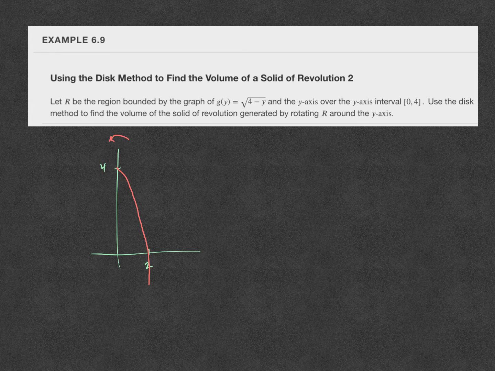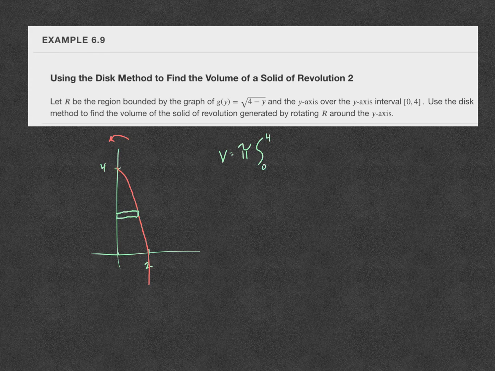So we need to integrate with respect to y. Our rectangles get added up vertically up the y-axis. So our volume formula looks like this. Pi times the integral. Now, what are the bounds? That rectangle would start at 0 and go up to 4. So 0 to 4.